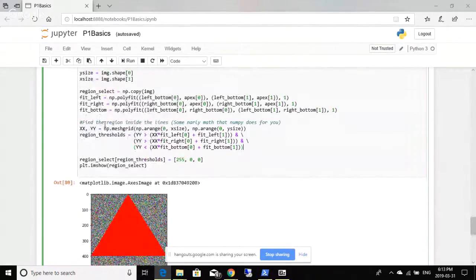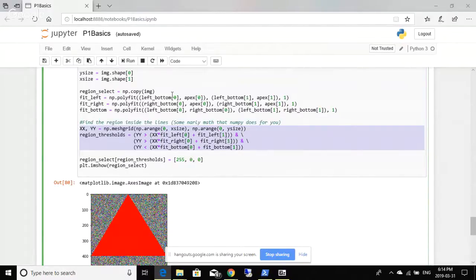Essentially, if this region threshold evaluates fine, right? Essentially, this whole thing is just saying whether it is within this polygon that you draw.